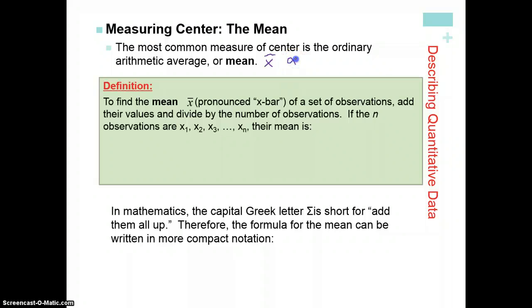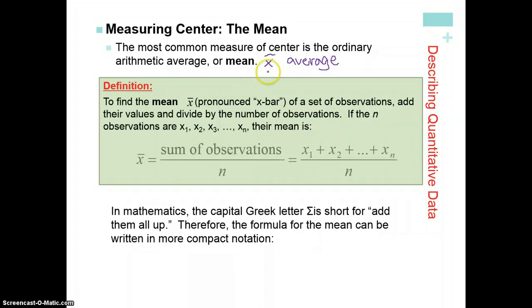Average is probably the most common way of referring to the mean. You'll see that in our homework problems and in the book and on the exam, I think, as well. Probably will be referred to as average, but it all means the same thing. There's no difference, and there's no really better way of referring to it. Just know that it all means the same thing, and be familiar with each because they might refer to it as a certain thing. You want to be able to recognize it, of course.